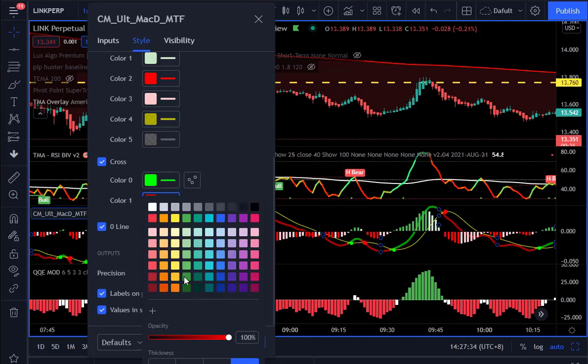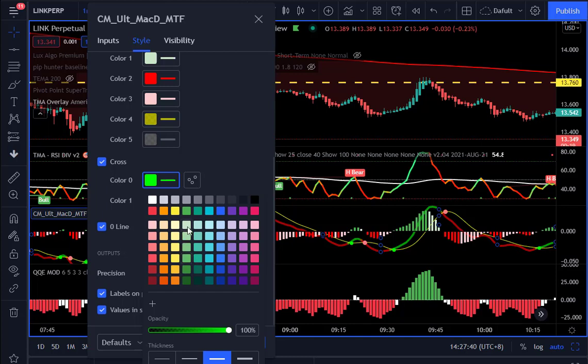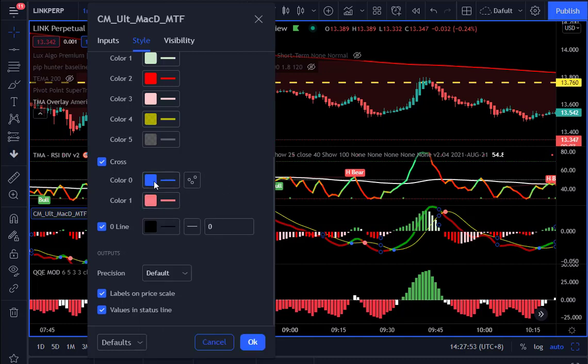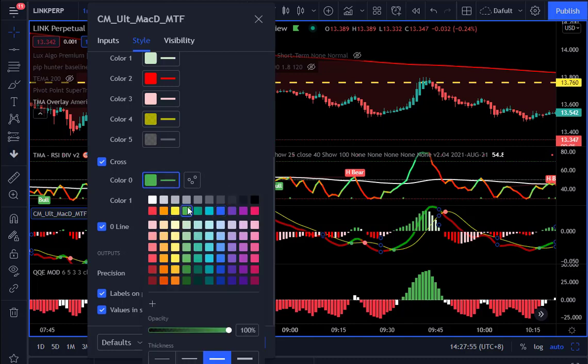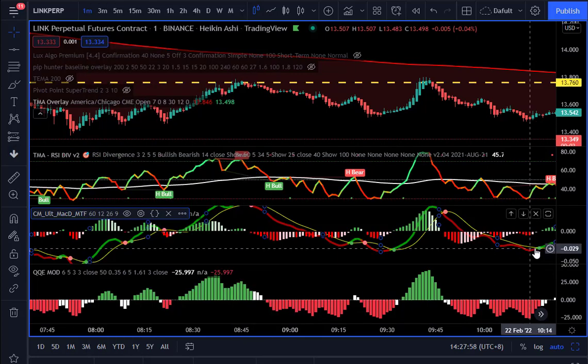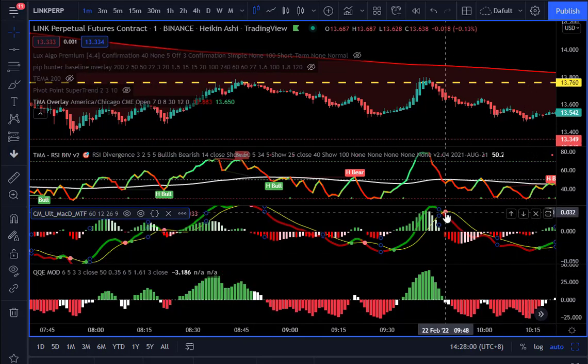This one maybe I change to red, and this one maybe green. The green is not so obvious, or I can change it to blue. Kind of green. But anyway, the circle is there. You can see there's a circle there, right?